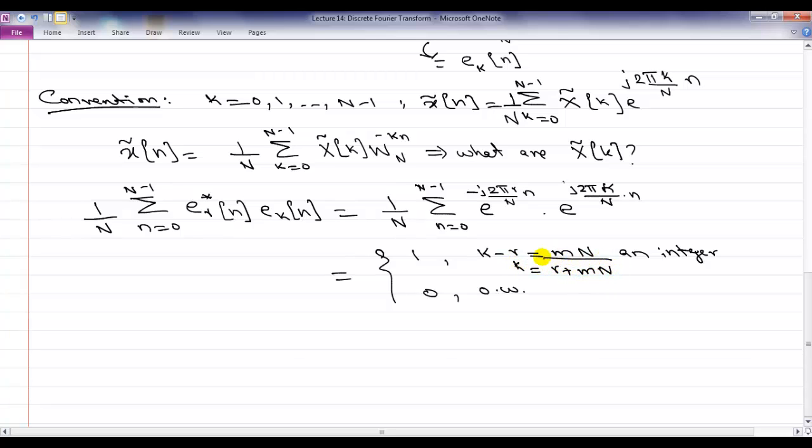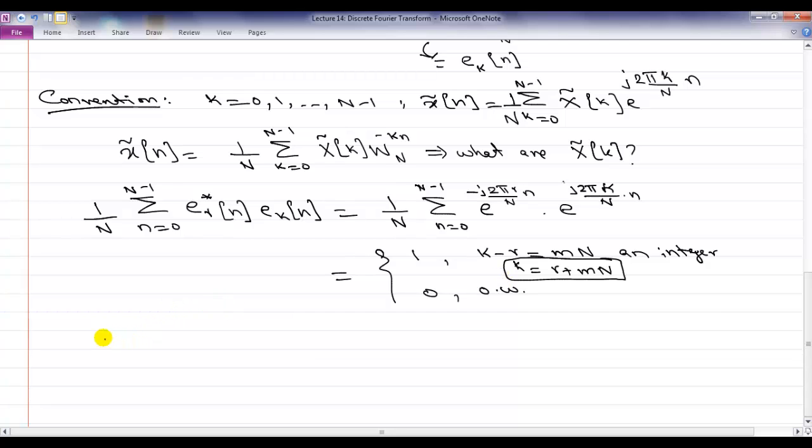So if they are related by this periodic relationship, then it is 1, because then it's the same frequency. Otherwise, they are 0. Okay, so any two different frequencies, if you multiply them, add them up, you get 0 with the conjugation. Okay.